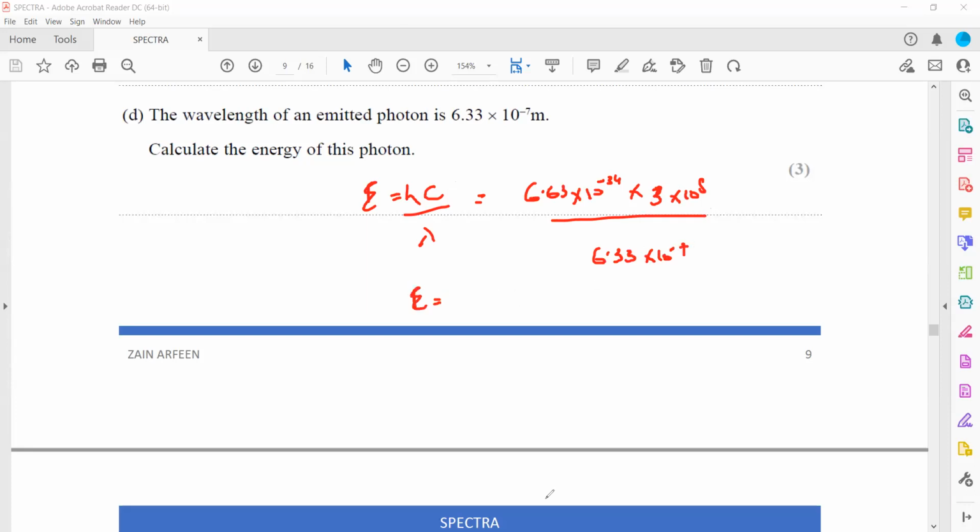When we substitute, this will give us the final answer for the energy emitted by this photon, which is 3.14 times 10 to the power minus 19 joules.